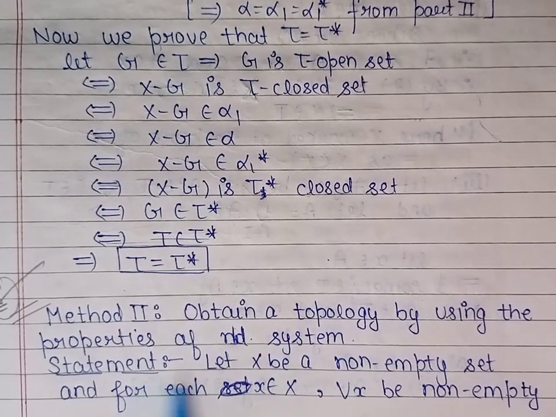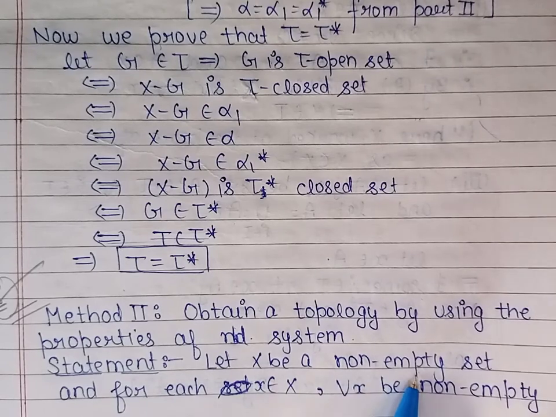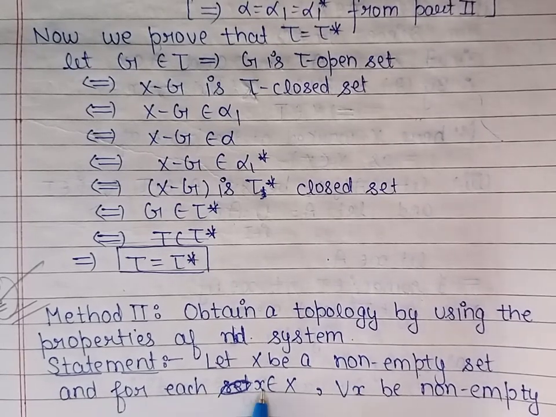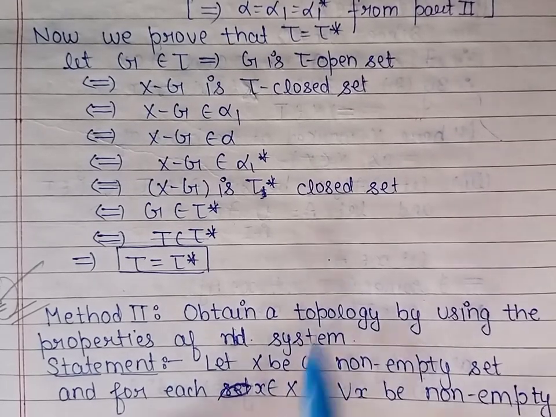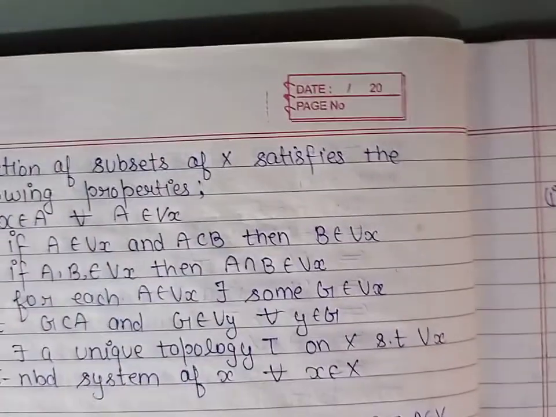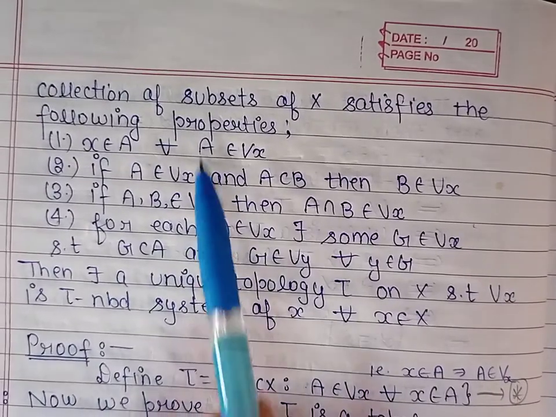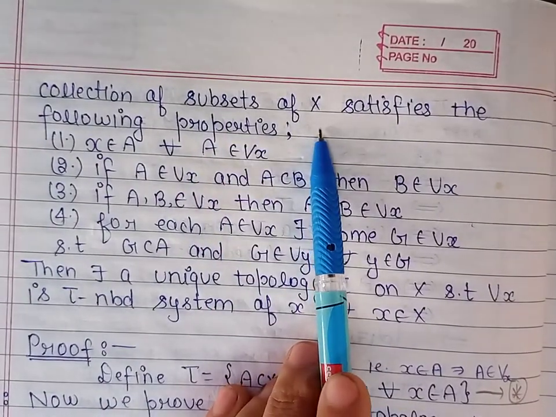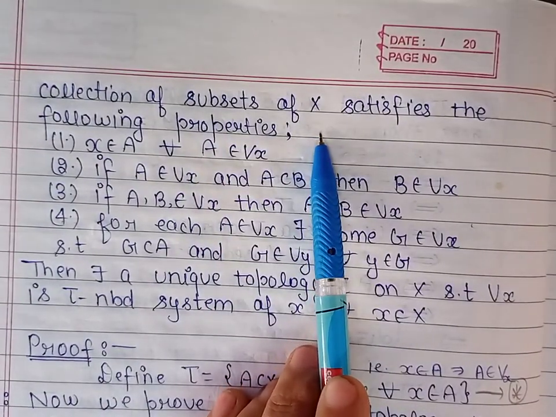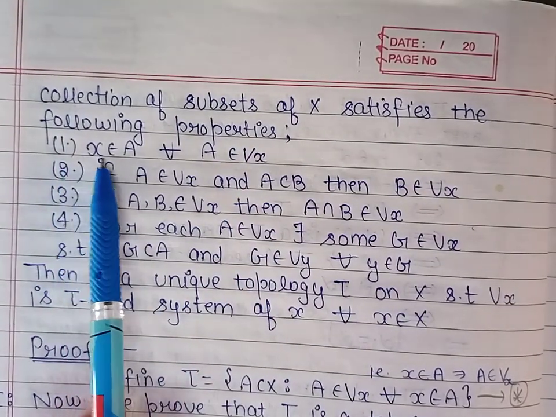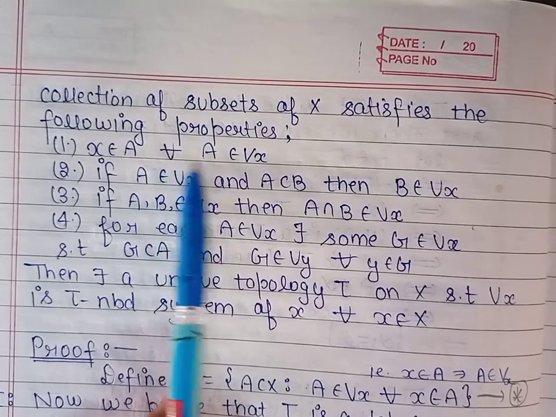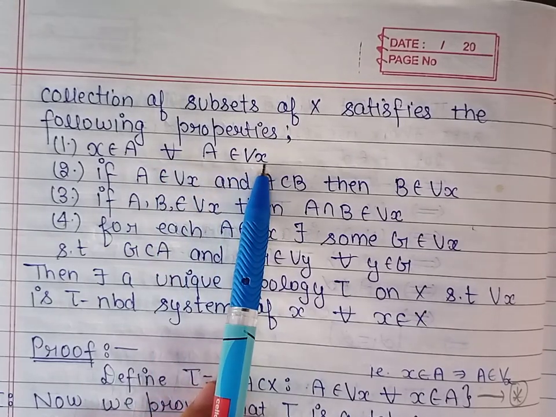So let us take X be a non-empty set, and for each x belonging to the set X, Vx is a non-empty collection of subsets of X, and this collection satisfies the following properties. First property, x belongs to A for every A belonging to this collection.